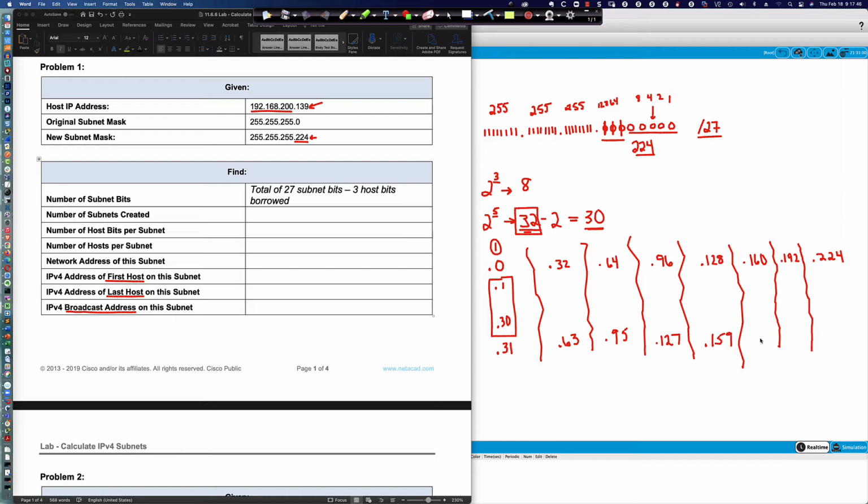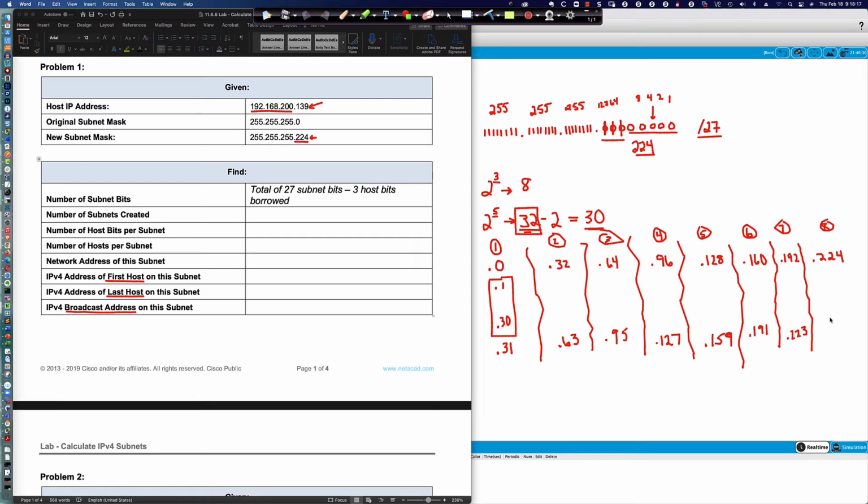The broadcast address for subnet number 2, subnet number 3, subnet number 4, subnet number 5, subnet number 6, subnet number 7, and subnet number 8. So 159, and then 160 would come all the way up to 191 because 192 starts the next subnet. And this is going to be .223.